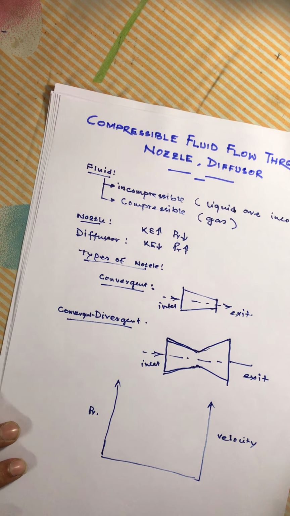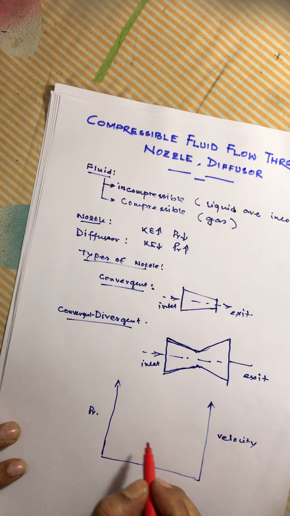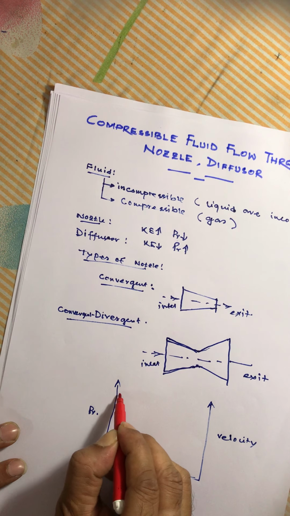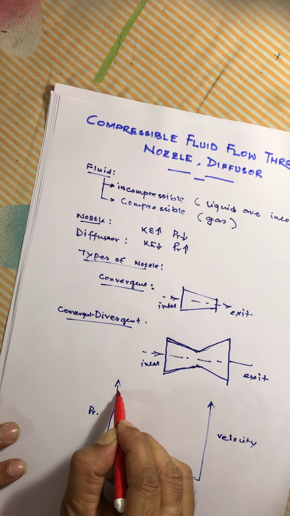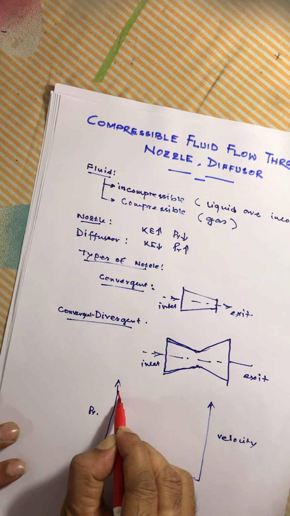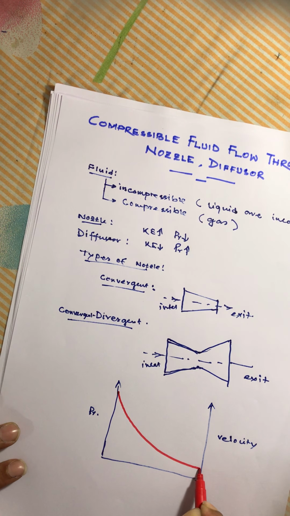In the pressure line, the initial pressure was high, then it is going to decrease.